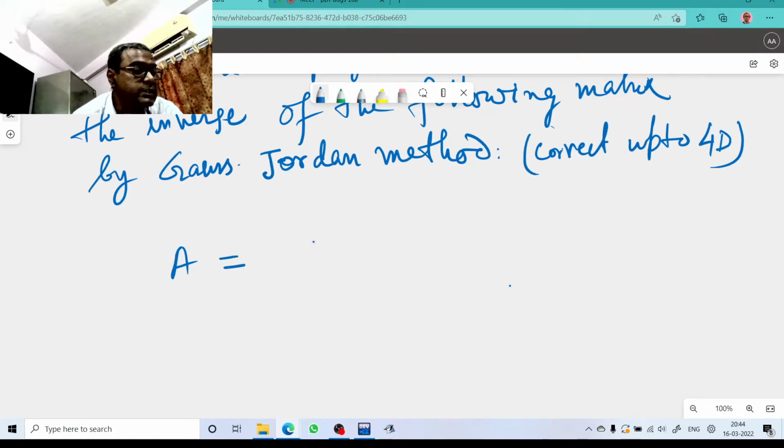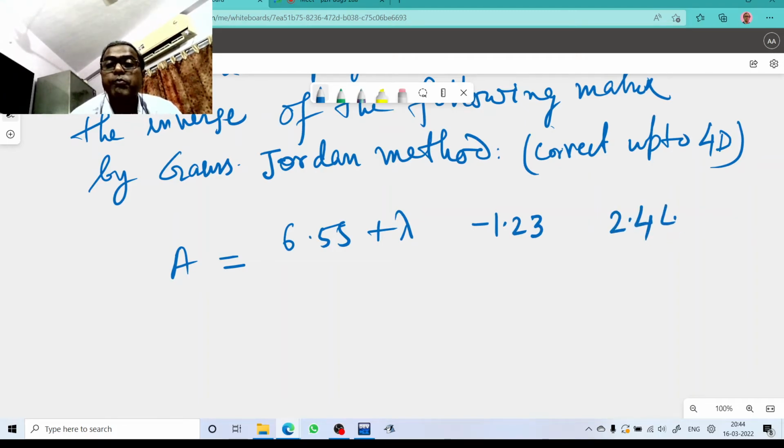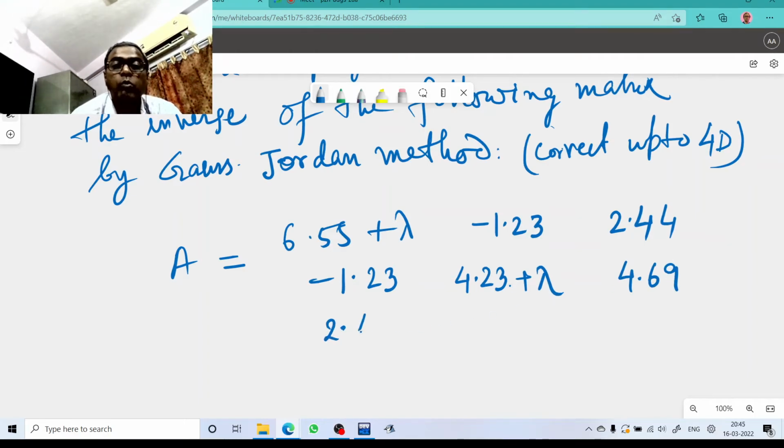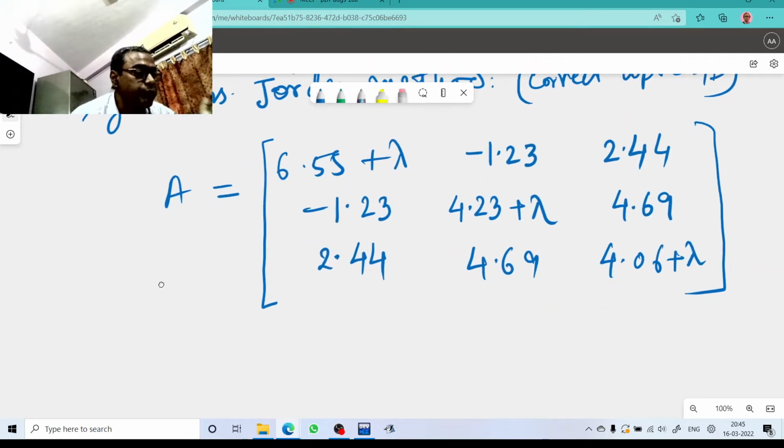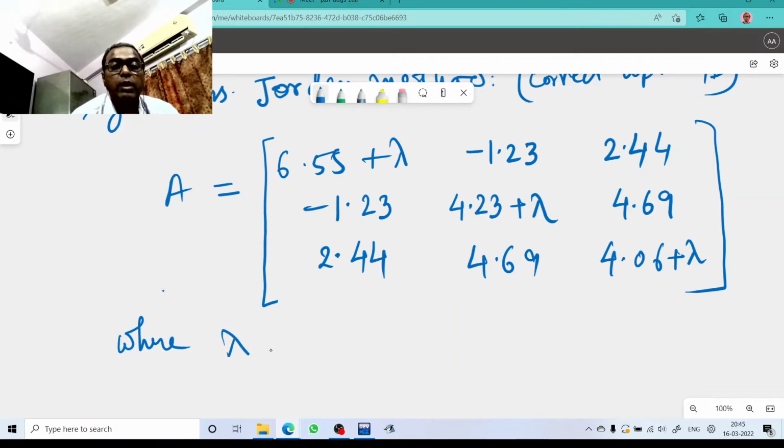Here matrix A is: 6.55 plus lambda, minus 1.23, 2.44; minus 1.23, 4.23 plus lambda, 4.69; 2.44, 4.69, 4.06 plus lambda, where lambda equal to 40 plus 3r divided by 40.